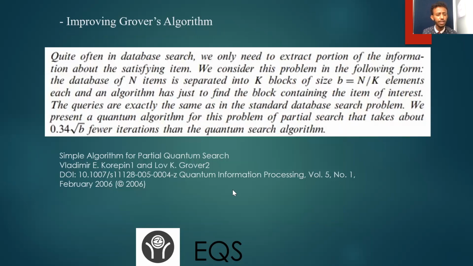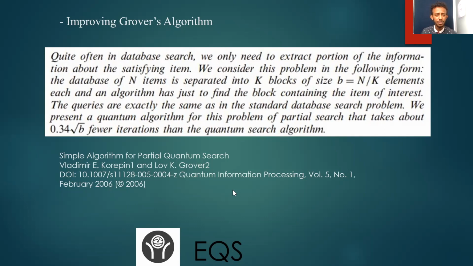To end my presentation, I'd like to mention an interesting paper that I read about improving this algorithm. After it was proven to be the best, a better alternative to the classical database search algorithms, it was thought that it wouldn't be possible to improve the algorithm, and there is actually a paper proving this.